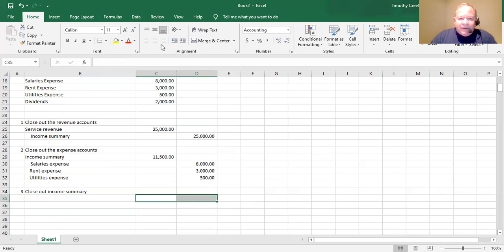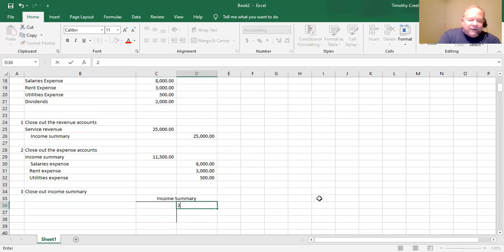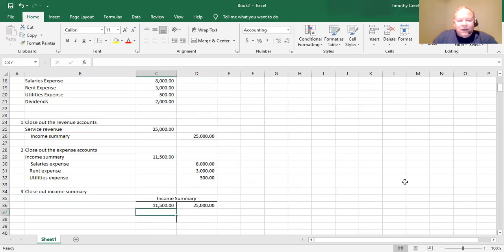So I'm just going to create a T account here for income summary. Now, notice what we put to income summary. We credited it for $25,000 whenever we closed out the revenue accounts. And we debited it for $11,500 whenever we closed out the expense accounts. So remember how it goes when you're looking at T accounts.